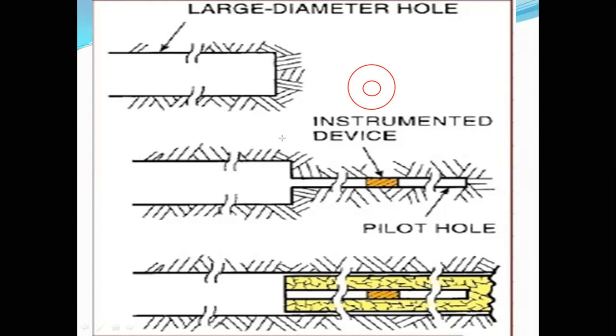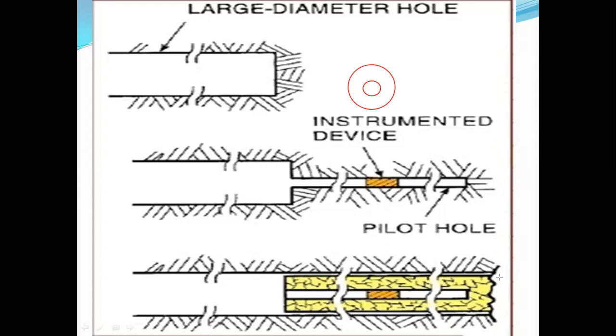Inside the pilot hole, the device used to measure the deformation, those sensor kind of devices, will be placed. Next, we continue drilling of the larger diameter hole, which becomes some kind of overcoring on top of the smaller diameter hole.